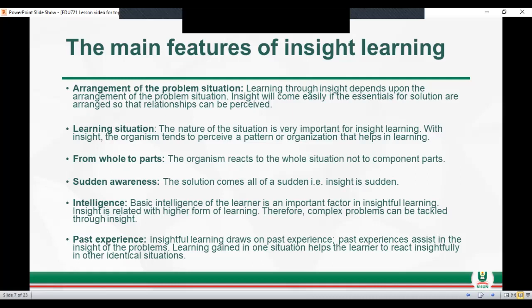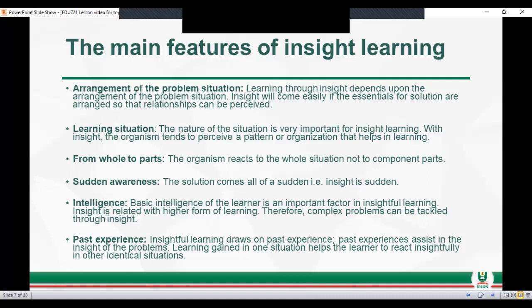From whole to part, yes. Like I said earlier on, they lay more emphasis on the whole being greater than the sum of its parts. The organism reacts to the whole situation, not to the component parts. Like the case of Sultan, who perceived the total situation and knew that, yes, with this stick, I will be able to draw in the bunch of bananas that was placed outside the cage.